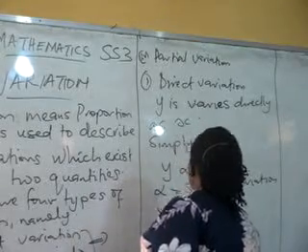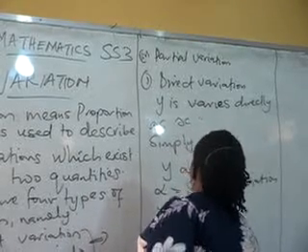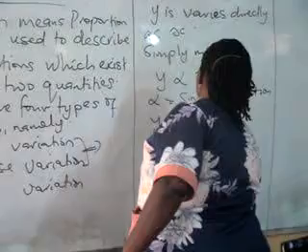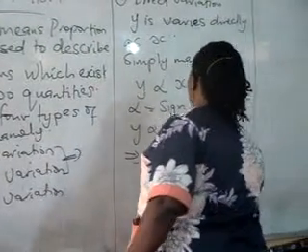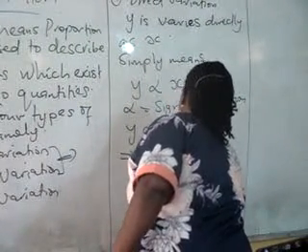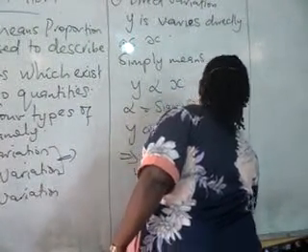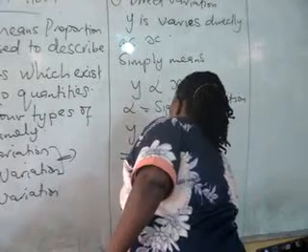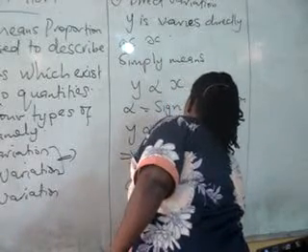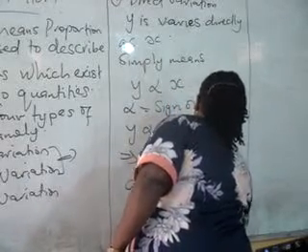Y varies as x implies that y equals kx, where k is the constant of variation.